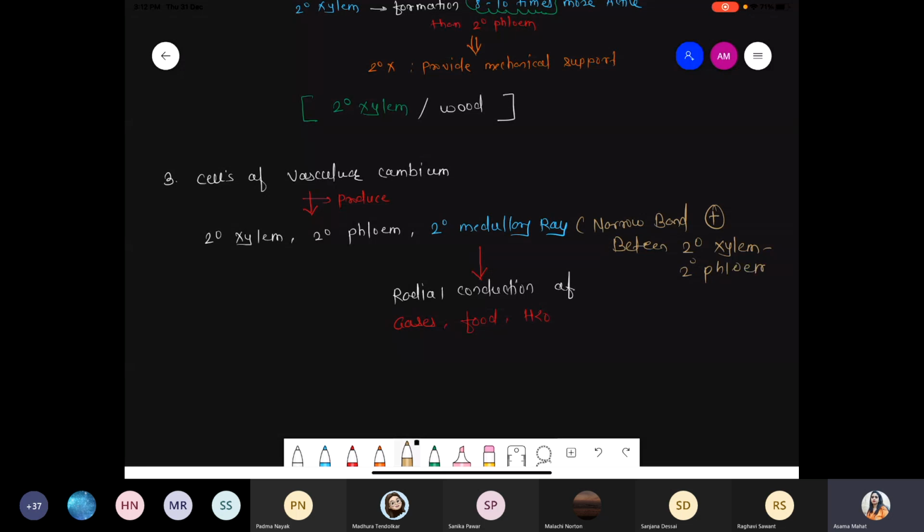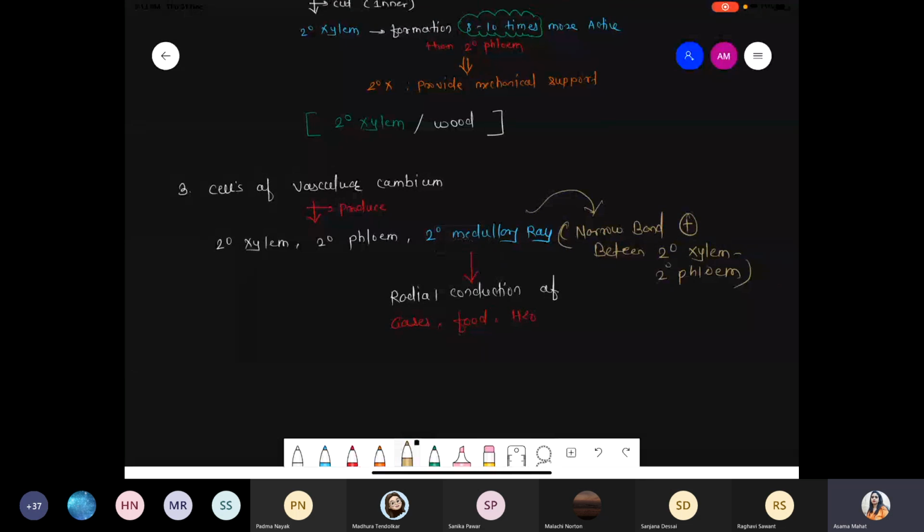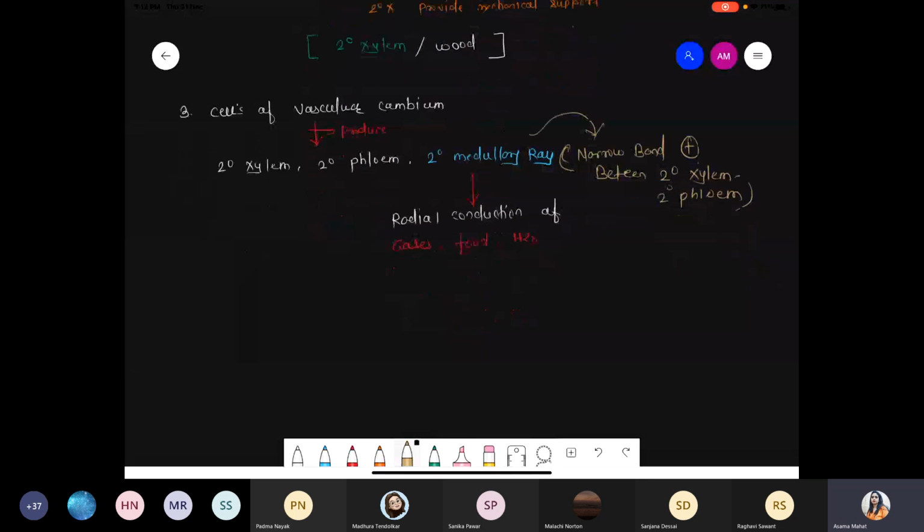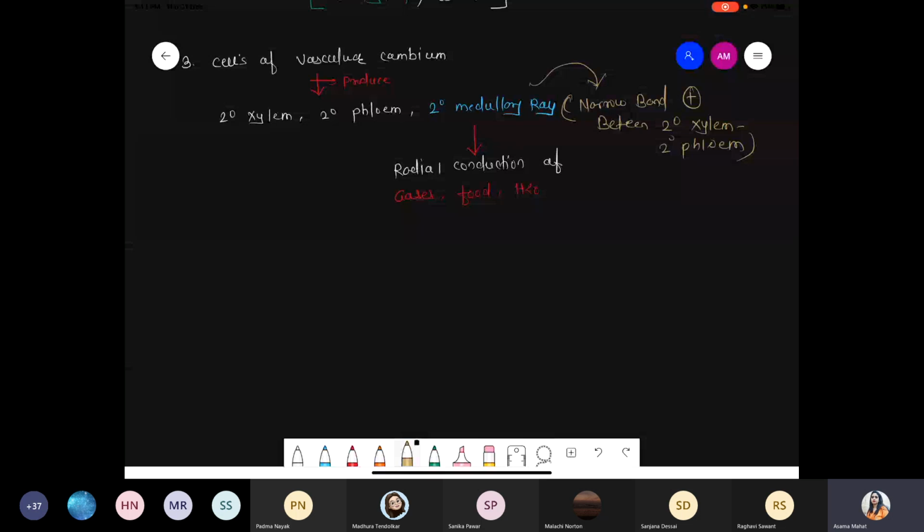So cells of the vascular cambium majorly produce the secondary xylem, secondary phloem, as well as the secondary medullary ray also.